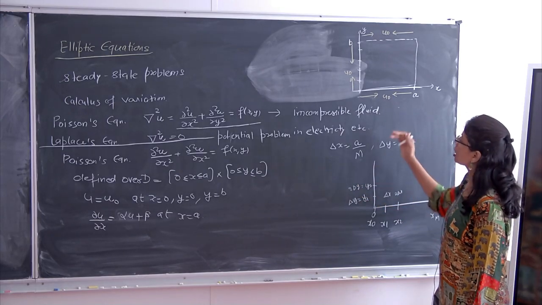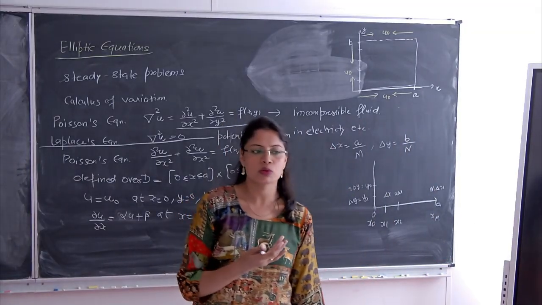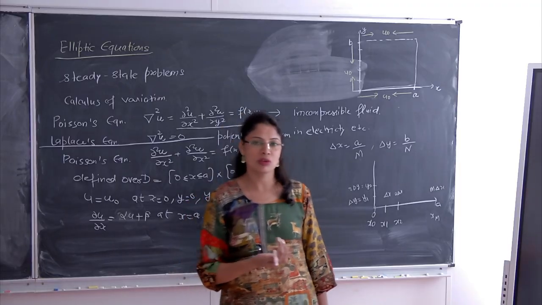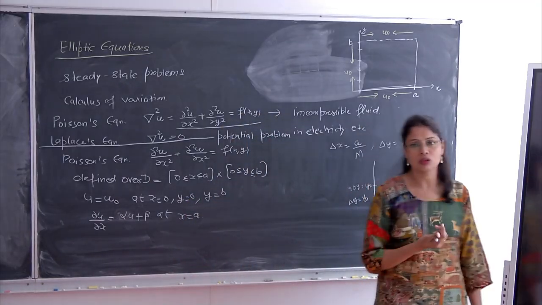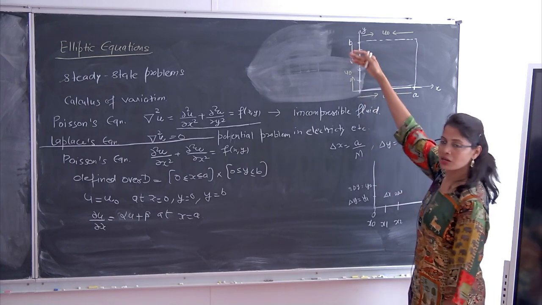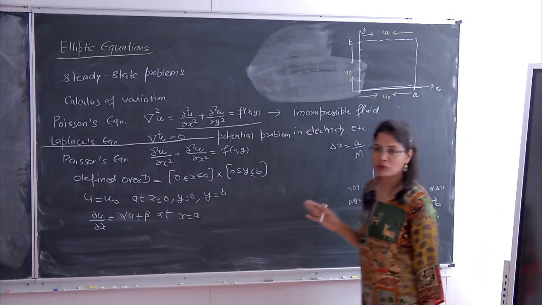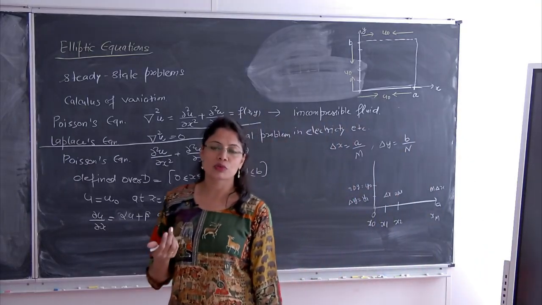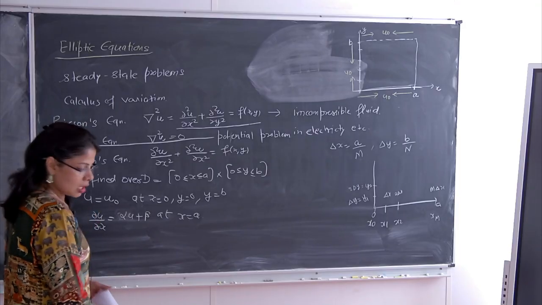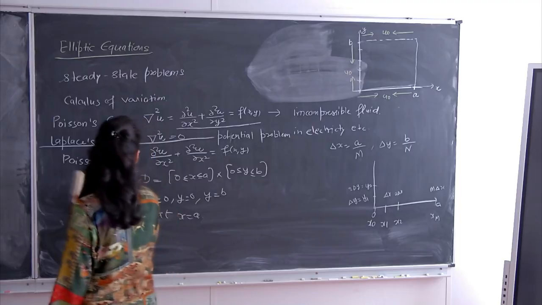So, the first thing in the finite difference method: your domain is given to you, and you have to do a partition, which can be uniform or non-uniform, but first we are dealing with the uniform partition. I am taking m equal parts in the x direction and n equal parts in the y direction. So, we have taken the uniform partition first, and then we will start the finite difference method. Okay. So, now I will erase some of this and let us see how we can proceed further.